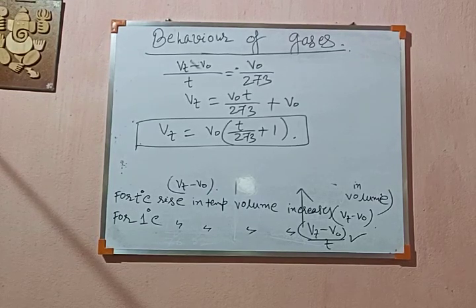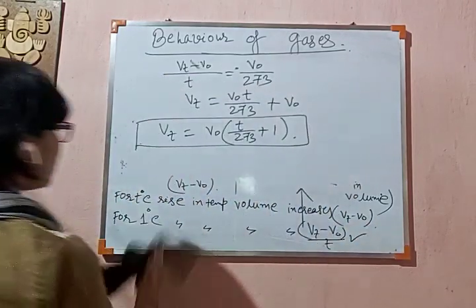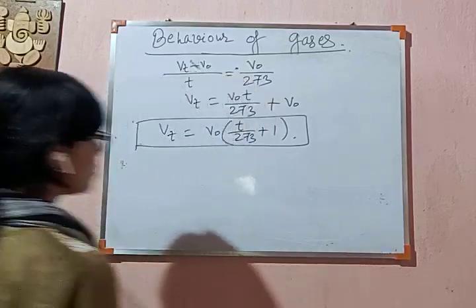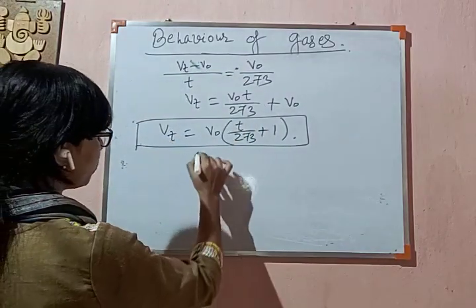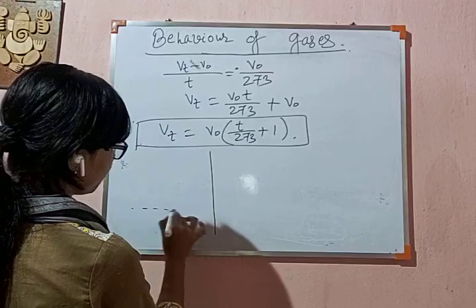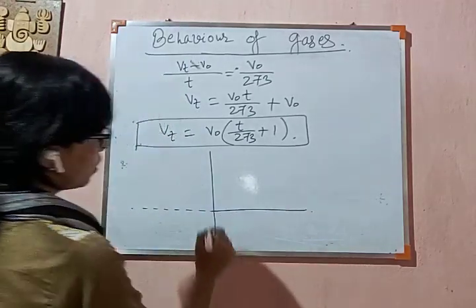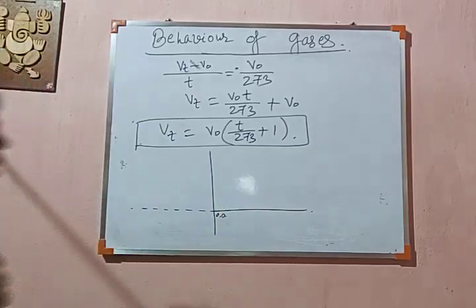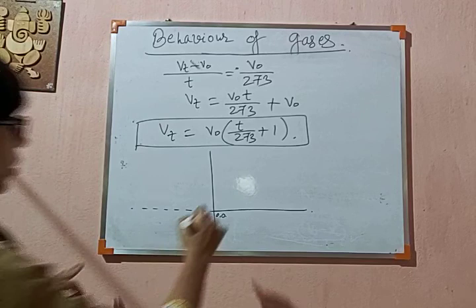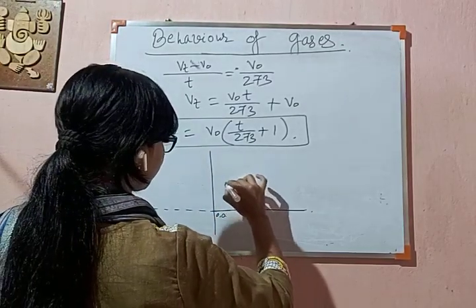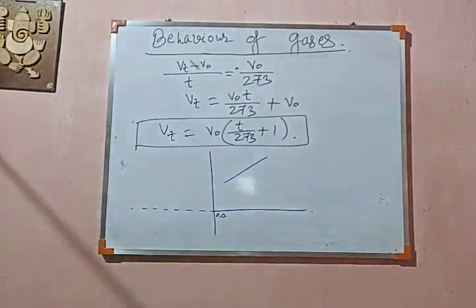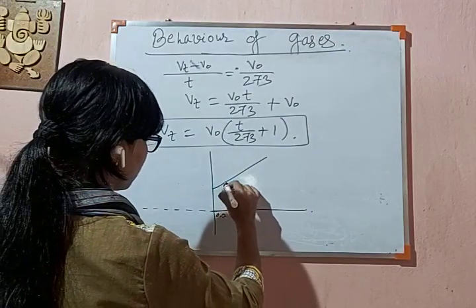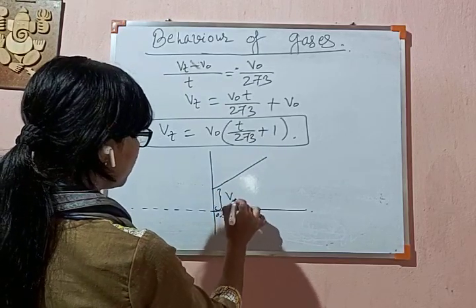From this expression, what will be the nature of the graph obtained from Charles' law, that is the Vt versus T graph? The graph is a straight line, and this intercept is V0.